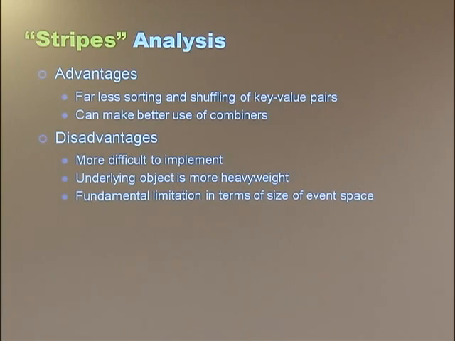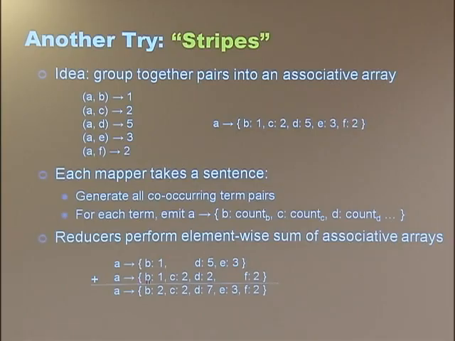However, the fundamental limitation here is the size of the event space. Imagine in the limit that this associative array gets so large as to not fit into memory. In a large enough collection, common enough words are going to co-occur with so many other words that the stripe might not fit into memory.